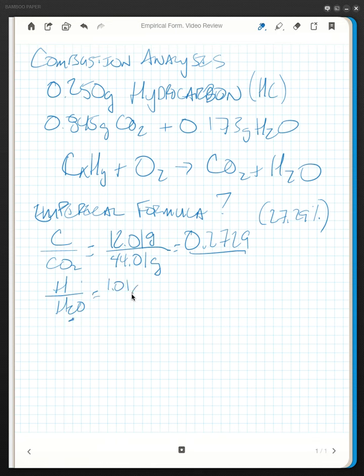So it's 1.01 times 2, which is 2.02, divided by 18.02 grams, right? And this one is 0.1121, which is 11.21%, if that's what you're going to do.